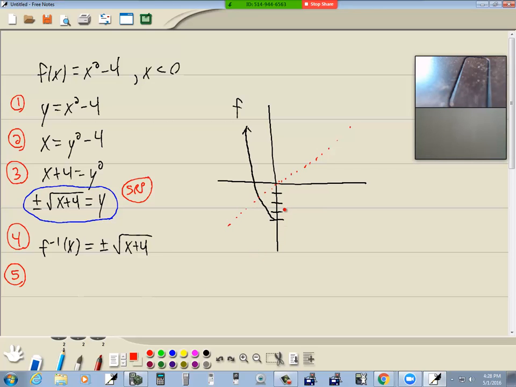Now this is starting at negative 4 on my y-axis, because this point right down here is 0, negative 4. So our inverse is going to start at negative 4, 0, because the x and y swap.